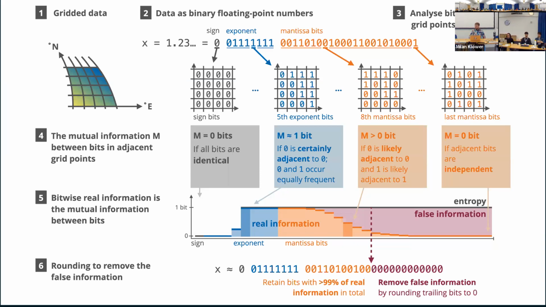If we don't have that, at least in weather and climate models, we often end up in a situation where, if your value jumps by a factor of 2 from one grid point to the next, you may have so much uncertainty in this factor of 2 that it doesn't matter whether you store the last mantissa bit. As long as you get this factor of 2 right, jumping from one grid point to the next, that's all the information that is relevant in this case.